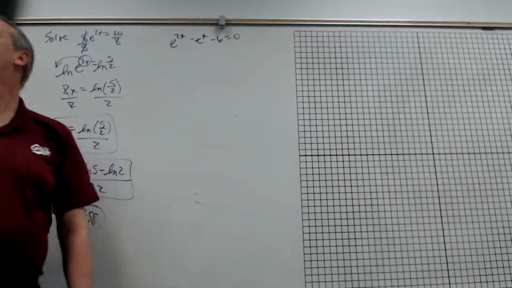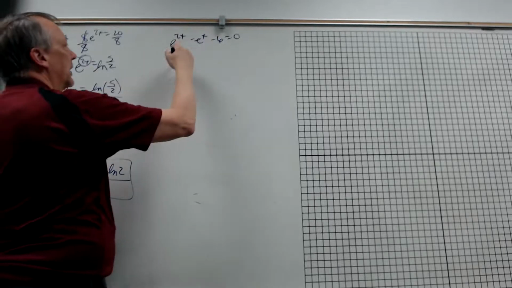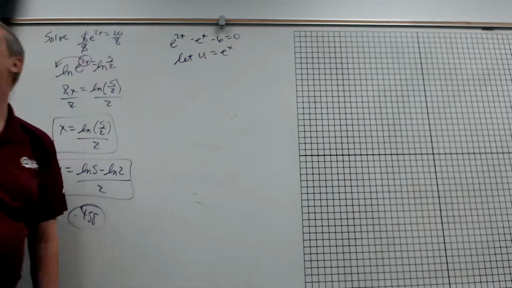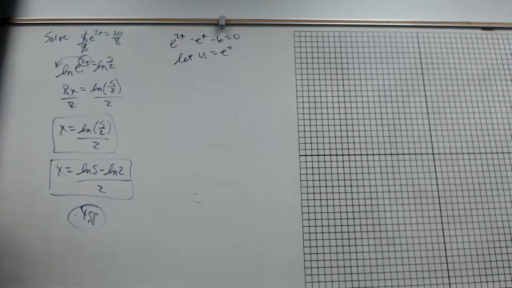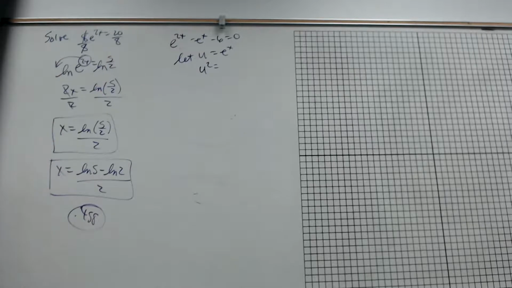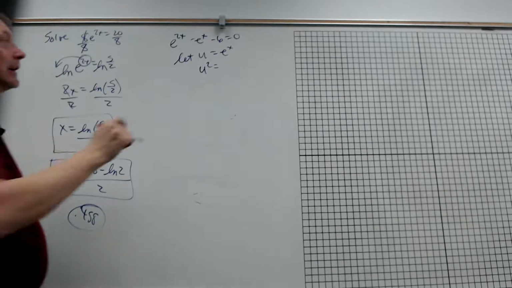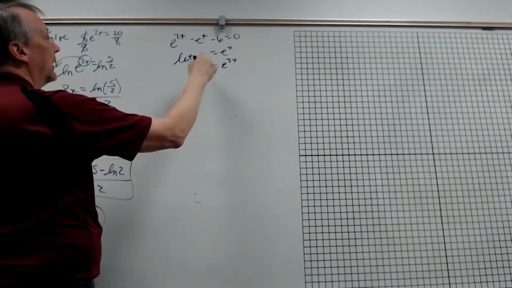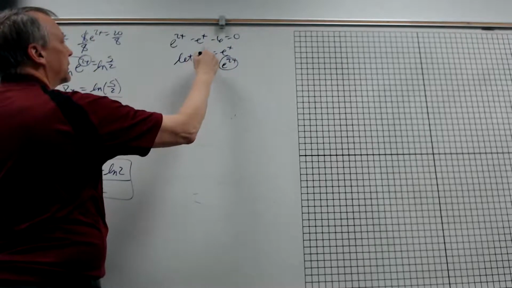Here's what I'm going to recommend. You're going to do u substitution. I'm going to let u equal e to the x. Okay? And therefore, u squared equals what? e to the 2x. Okay, so then this becomes u squared right here.